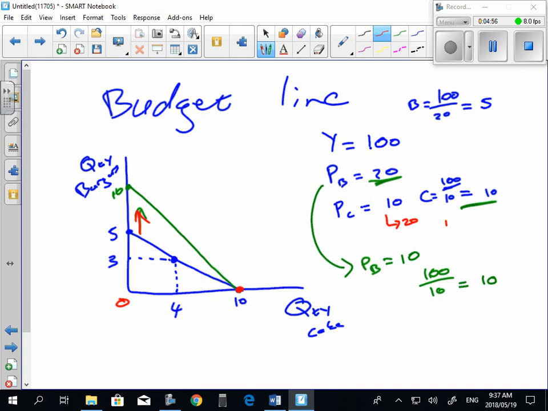Now 100 divided by 20 equals 5, so I can only afford 5 cans of Coke. If we stick with our new price of burgers of 10 Rand, we are going to pivot the curve inwards. Because the price has increased, I'm pivoting the curve inwards.